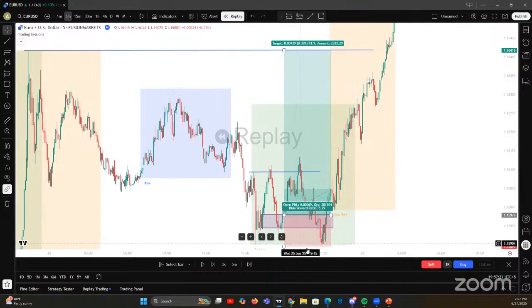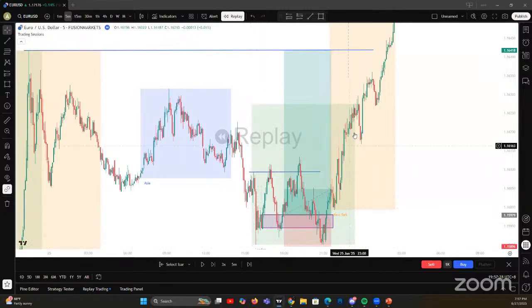Fortunately, our stop loss was not hit because you put it below this low. Then it reversed to the moon, hitting all the highs of Asia and even last night's New York high.